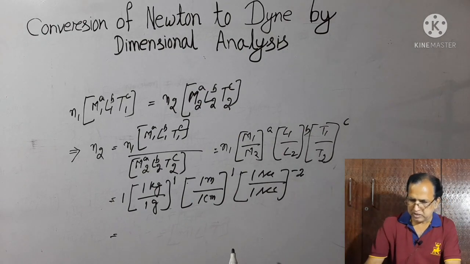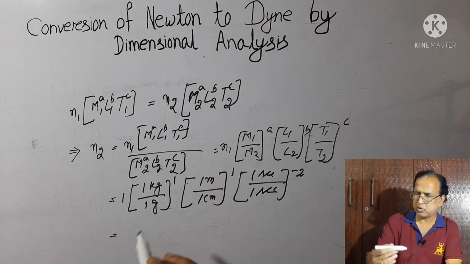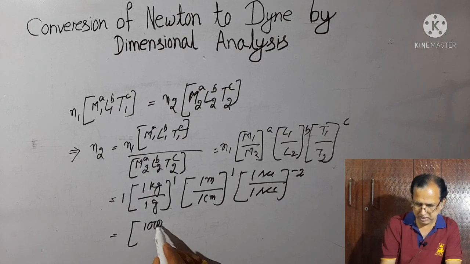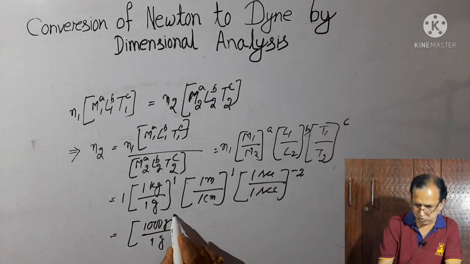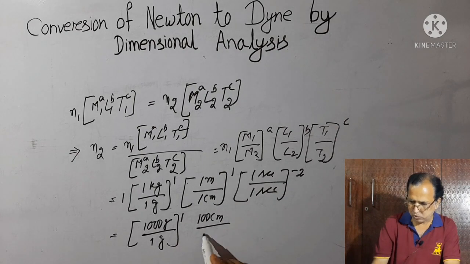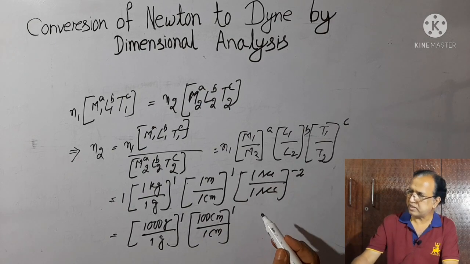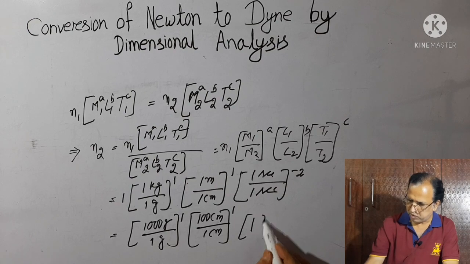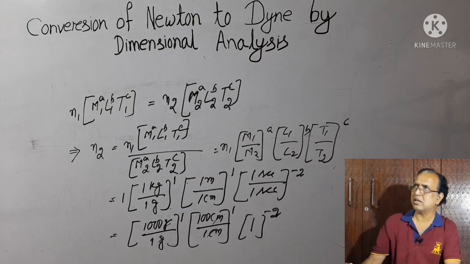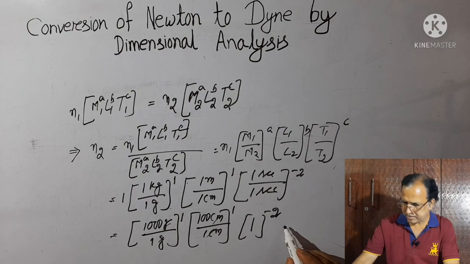N2 for the CGS system. 1 kg is converted to gram, so that is 1000 gram by 1 gram to the power 1, 100 centimeter by 1 centimeter to the power 1, 1 second by 1 second to the power minus 2. Gram cancels, cm cancels.